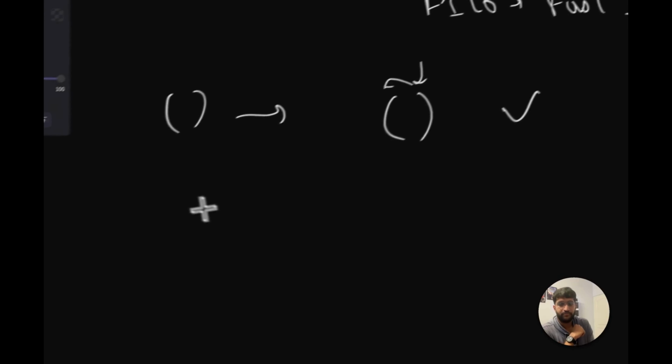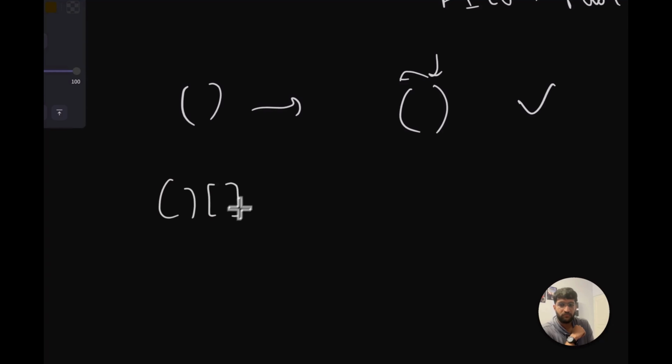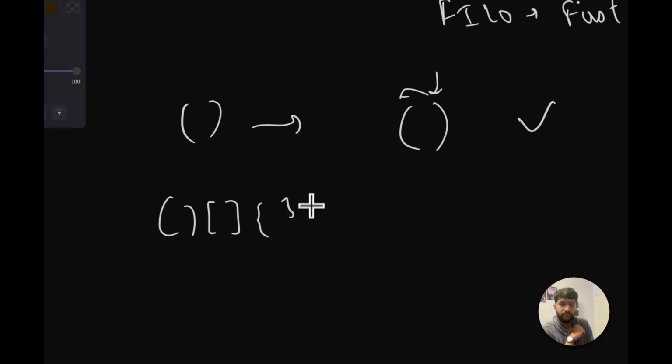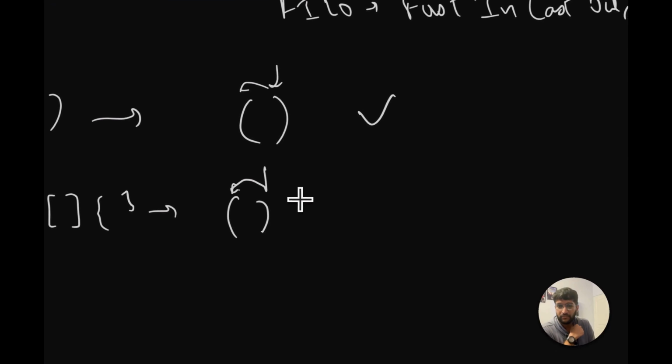So we are good to go. Similarly, let's take this one. Here, I got the opening and then I get the closing. When I get the closing one, I see the previous one and I see, okay, looks good to me. I go to this closing, then I see the previous one and that also looks good to me. And again, when I go to this closing, I see the previous one and that also looks good to me.